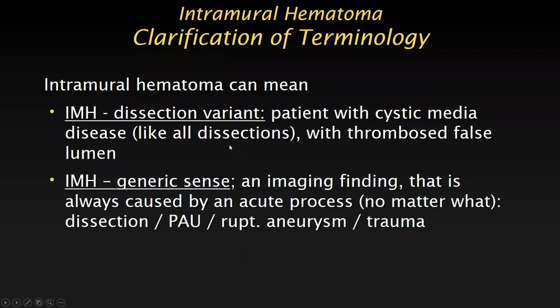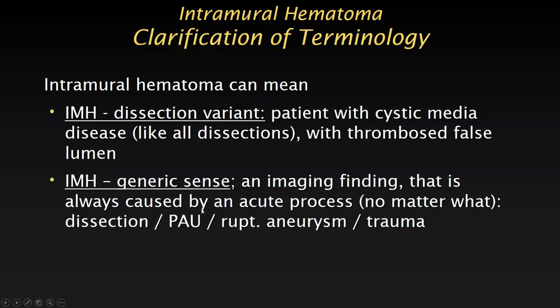But the confusing part is that the term intramural hematoma is also used in a very generic sense, meaning just that it's blood in the aortic wall, which translates into Latin intramural hematoma, if you want. And you can obviously have blood within the aortic wall whenever you have a disruption of the intimal layers of the aorta.